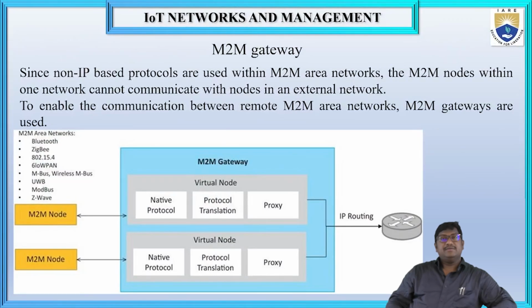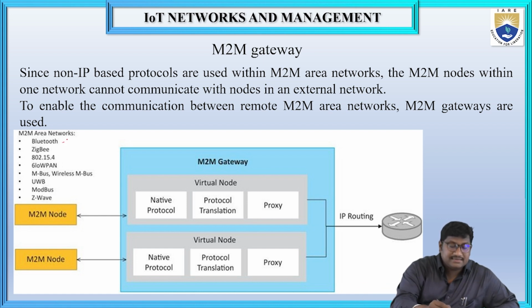And the M2M, machine to machine gateway. Here, non-IP based protocols are used within M2M area networks, where M2M nodes within one network are going to communicate with nodes in an external network. To enable this communication between remote M2M area networks and M2M globals, the M2M area networks are Bluetooth, Zigbee, Wi-Fi, 6LoWPAN, M-Bus, KNX, Modbus, LonBus.